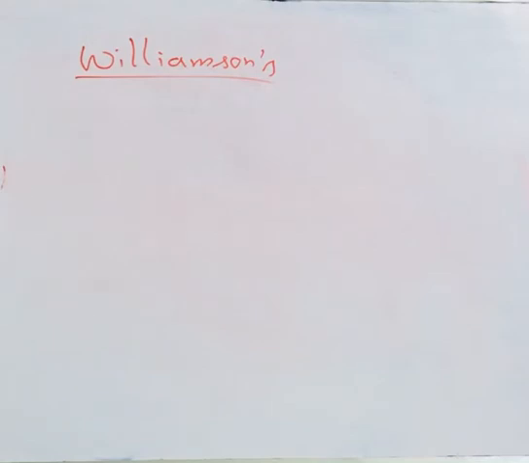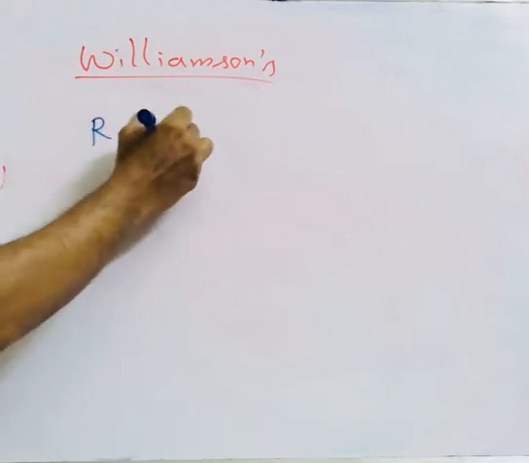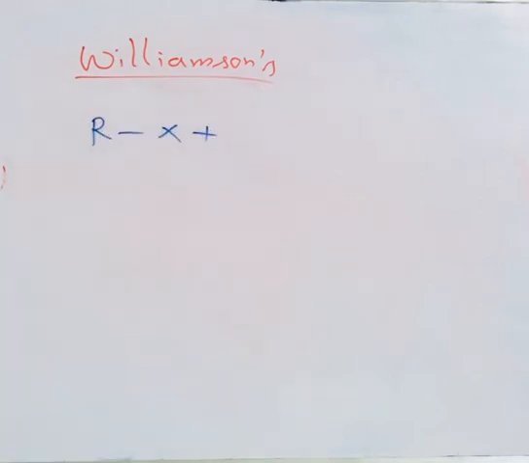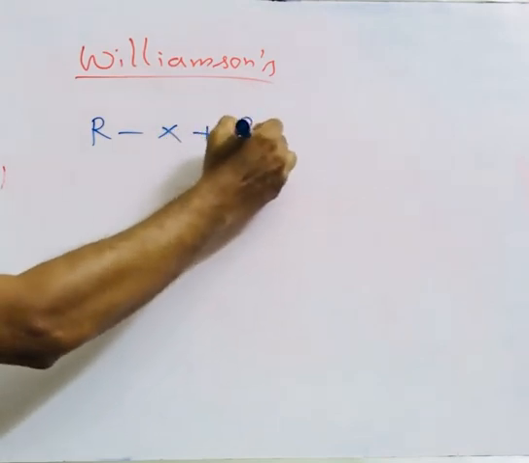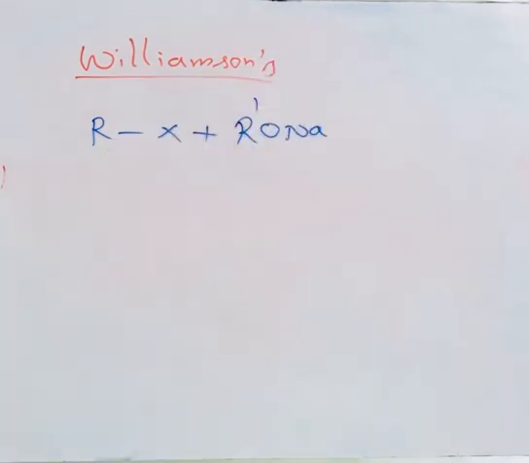Here alkyl halides are reacted with alkoxides. If you want the same type of ether, diethyl ether, then both are ethyl groups. Otherwise you can have different R, O and Na. So this is the alkoxide, a metal alkoxide, RONa, right?